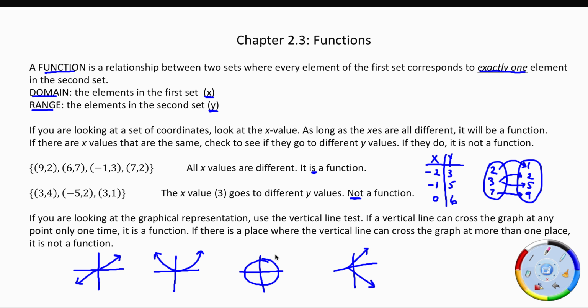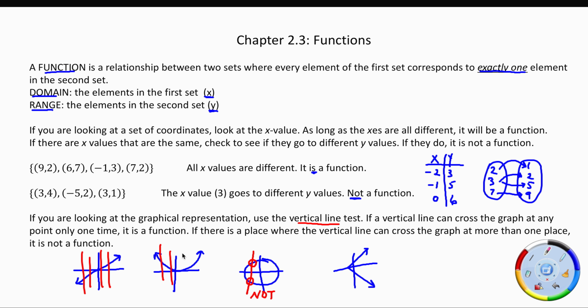To determine if these are functions, I use the vertical line test, which means if there's anywhere on the graph that I can draw a vertical line and it crosses it more than one time, like this one, it's not a function. If a vertical line crosses your graph more than one time, it is not a function.